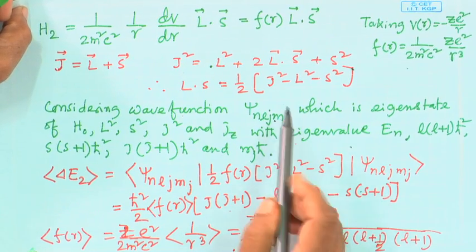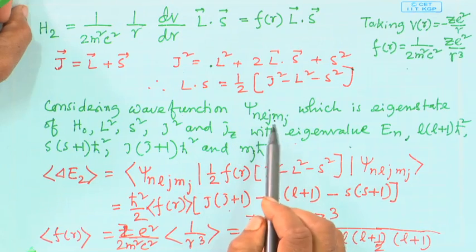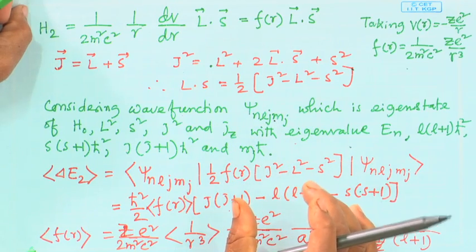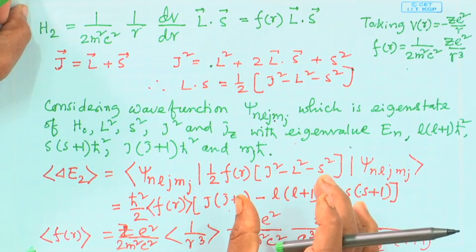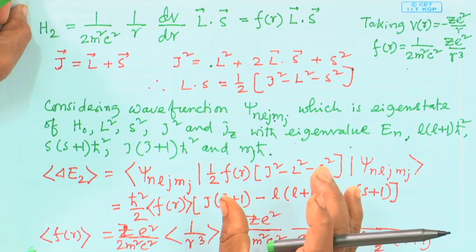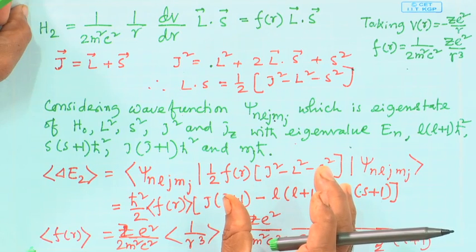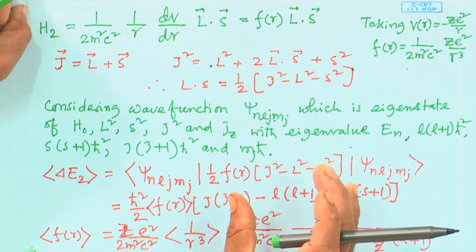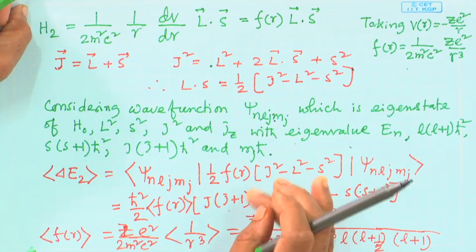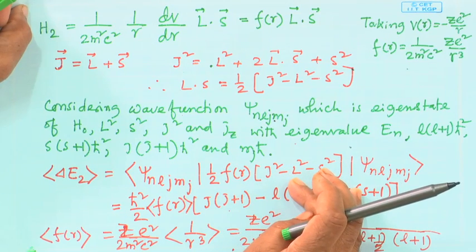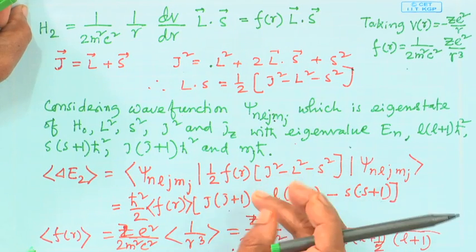So one has to identify the suitable eigenfunction, and then use that wave function for calculating using perturbation theory.